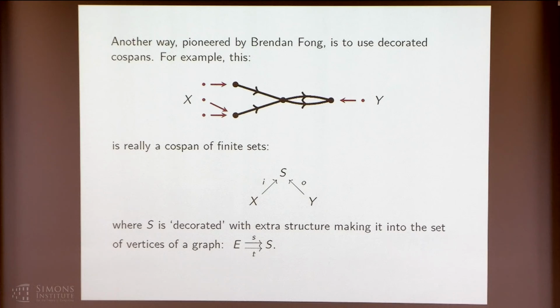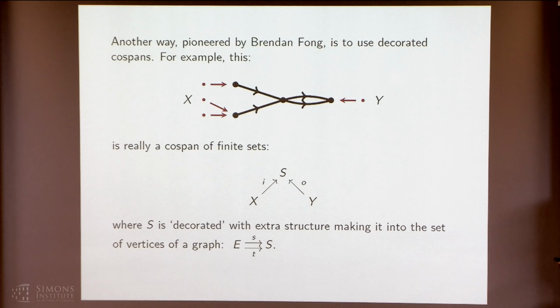So there's another approach, which is what I mainly want to talk about, which Brendan Fong worked out, using some technology called decorated cospans. So let's look at this same network that I showed before, and we'll think of it this way. For starters, it's a cospan of finite sets.